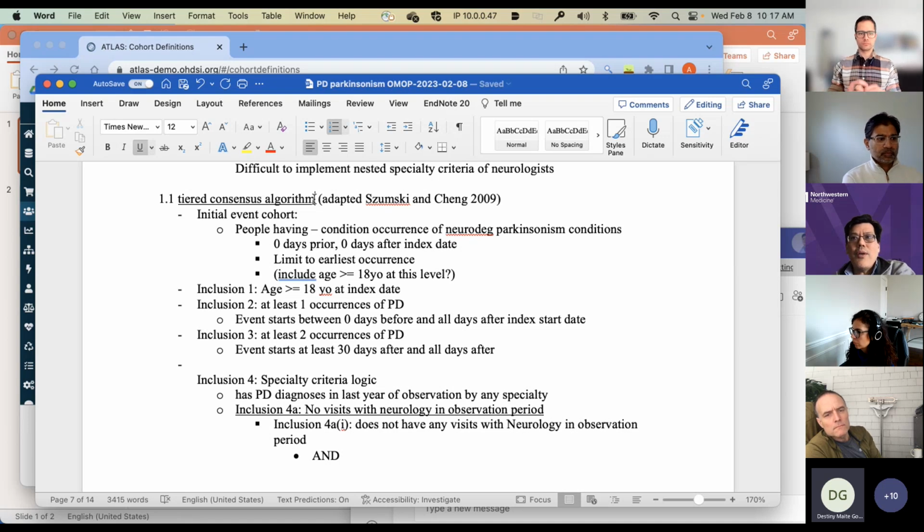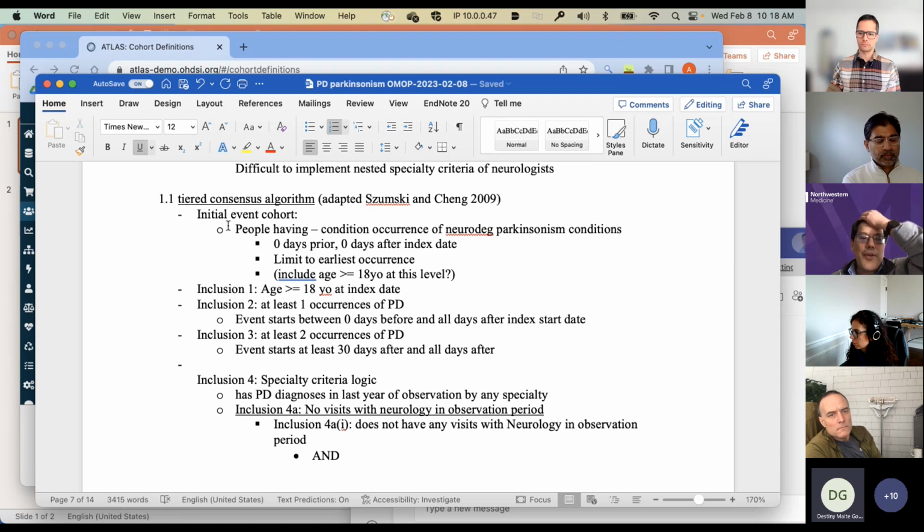And so if you do the unanimity algorithm, you run the risk of excluding cases of Parkinson's disease if somebody was overexuberant and called it neurodegenerative Parkinsonism early on, because they wanted to be broadly speaking, oh, this is a neurodegenerative Parkinsonism, and it's coded in that way, but later on they become Parkinson's disease and it's very clear. We needed a way to handle those. Any questions about the general idea?